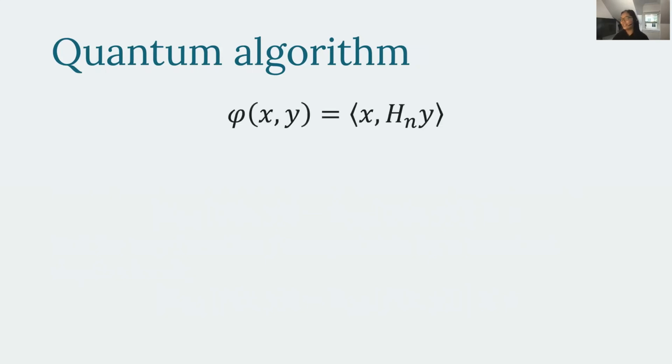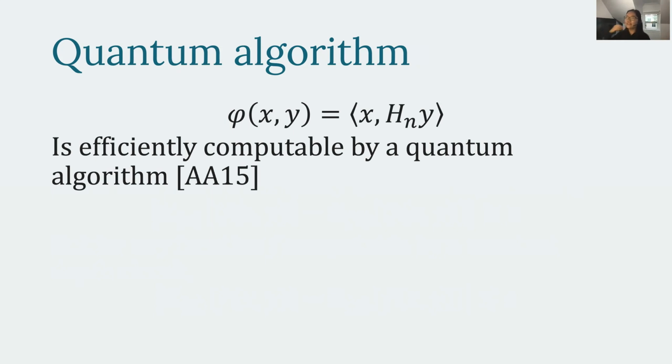Basically there's a gate in quantum circuits called the Hadamard gate, and if you just apply that gate, it automatically gives you the inner product thing that we earlier talked about. And the paper of Aaronson and Ambainis showed that this is a one query quantum computation.